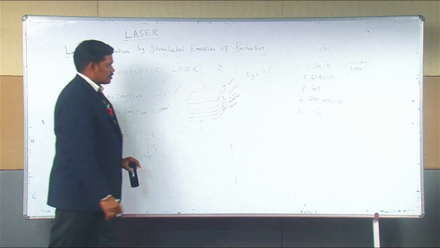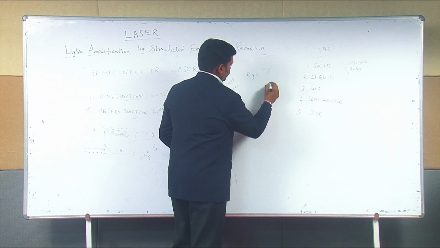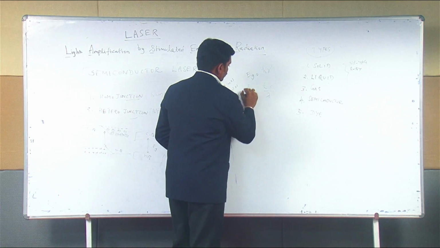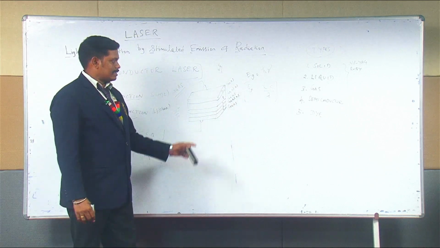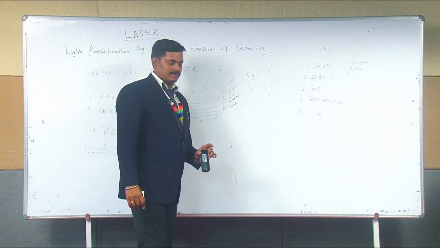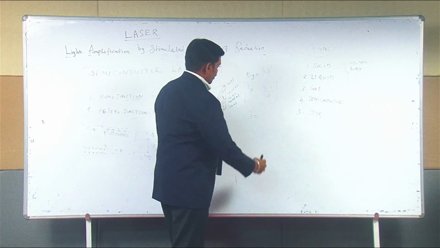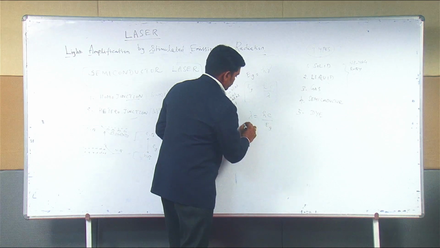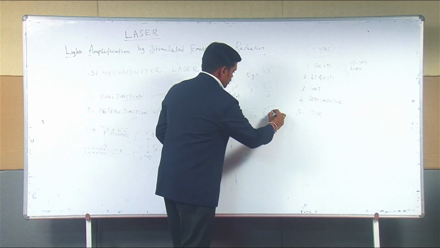Now we can use the formula E equal to h nu, and we know nu is c by lambda. If you know the band gap value, then it is very easy to determine the wavelength of laser light emitted by the particular laser. By rearranging this equation, lambda is equal to hc by Eg, where h is the Planck constant and c is the velocity of light.